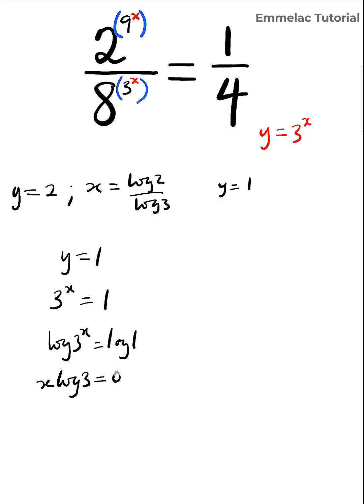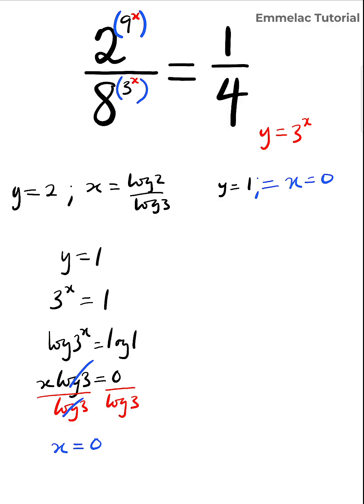So here we have 0. Let's divide both sides by log 3. Actually, by looking at the equation, x in this case is 0. So x here equals 0. Now here are the two solutions to x. So when y equals 1, x equals 0.